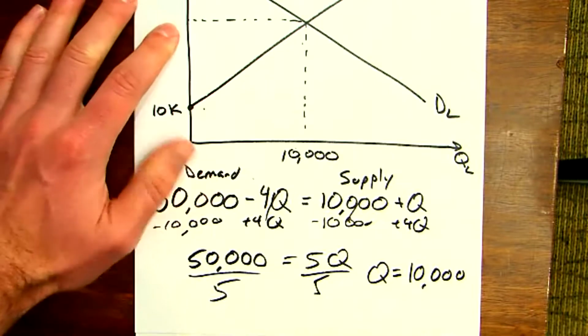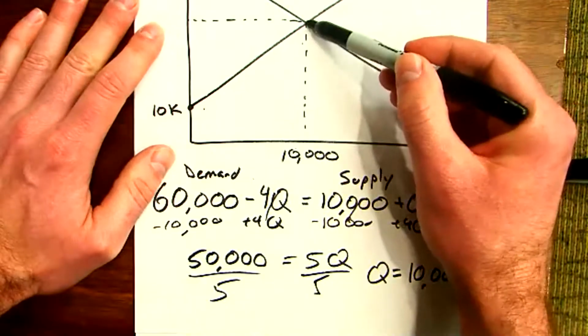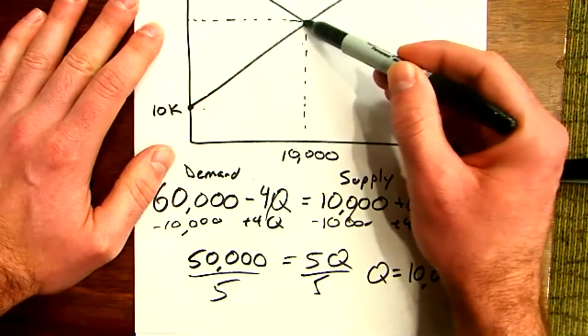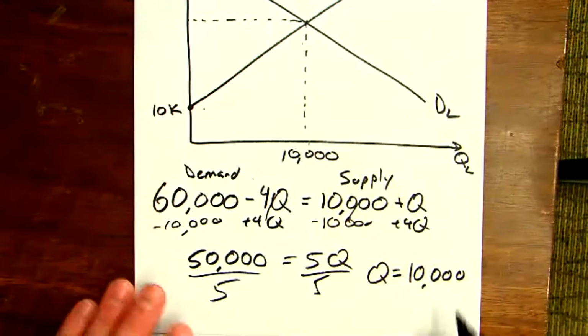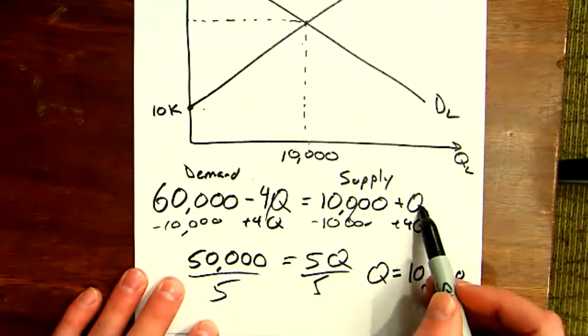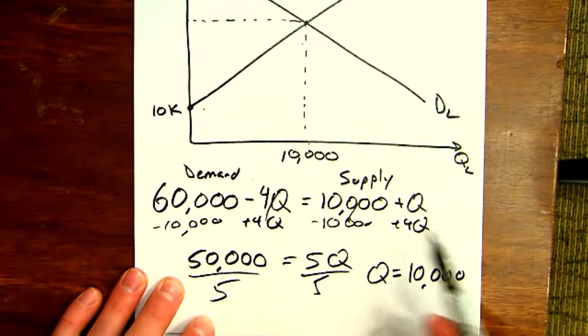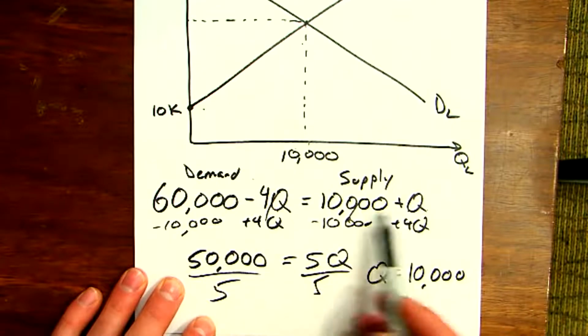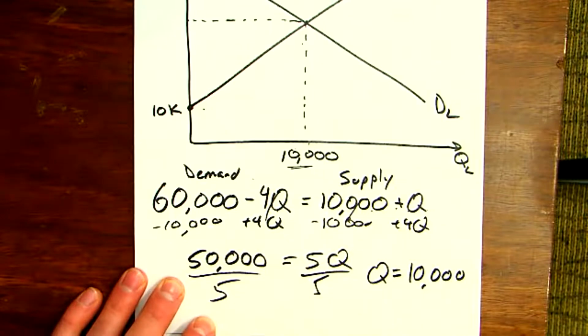Now, how do I find the wage? Well, I can do it one of two ways. I'm looking for the point that's on either the supply or demand curve here at that quantity of 10,000. So I just go back and plug 10,000 into either my demand or my supply equation. Probably the easier one here is supply, 10,000 plus Q, so 10,000 plus 10,000, that equilibrium quantity.